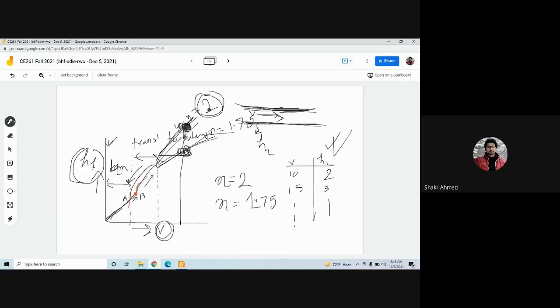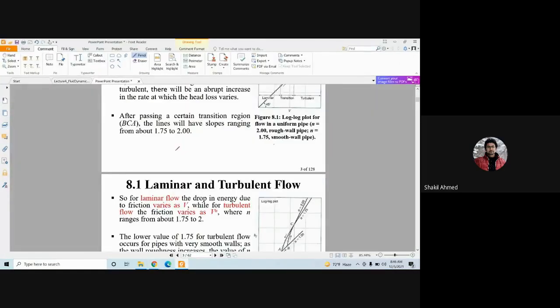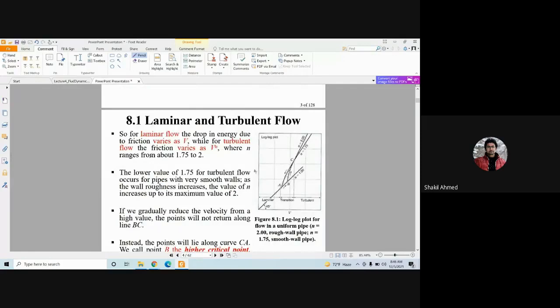Because this is a rough wall. As the surface is rough, the frictional head loss will also be higher. There will be more loss of energy. That's why.